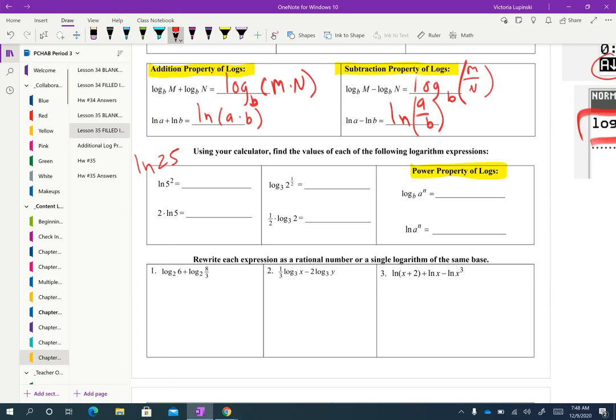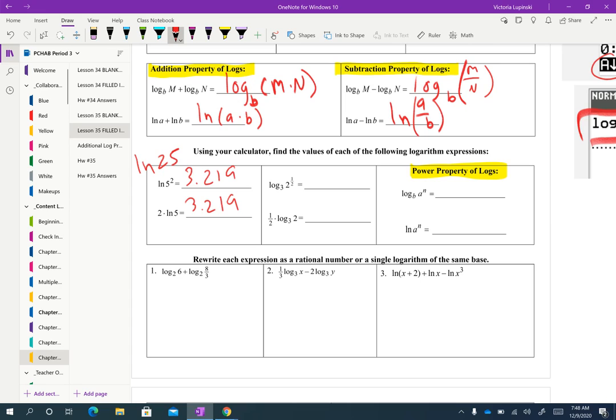And if you were to plug into your calculator the ln of 25, you would get an answer of 3.219. Again, please always round to 3 decimal places from this point forward. Then if you were to calculate 2 times the ln of 5, you would also get 3.219. And again, if you have your calculator, you can confirm these with me.